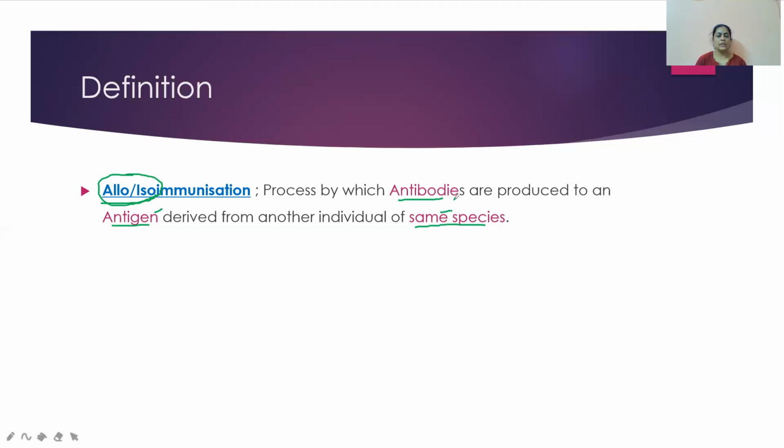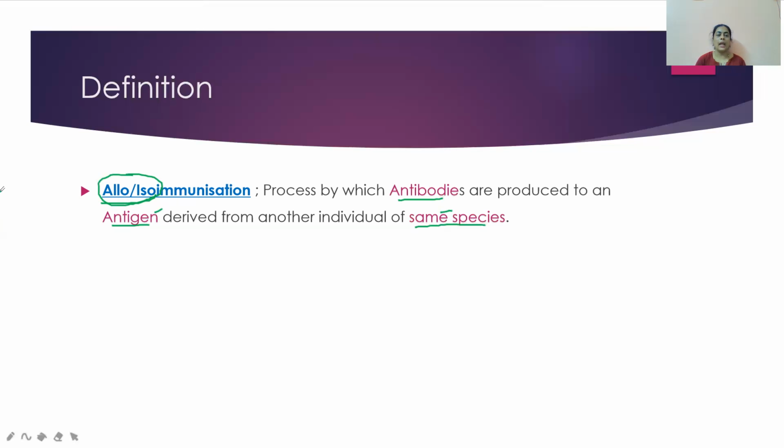For knowing's sake, I'm telling what autoimmunity is. In autoimmunity, antibodies are also produced, but against our own self antigens. If I produce antibodies against my own antigens, that is called autoimmunity, which we see in HIV and similar conditions.